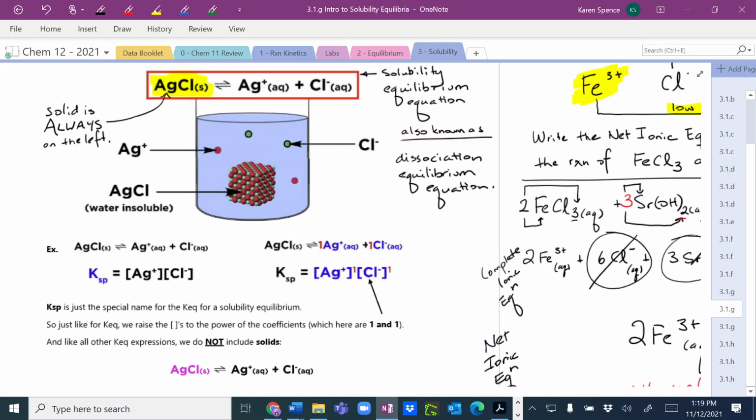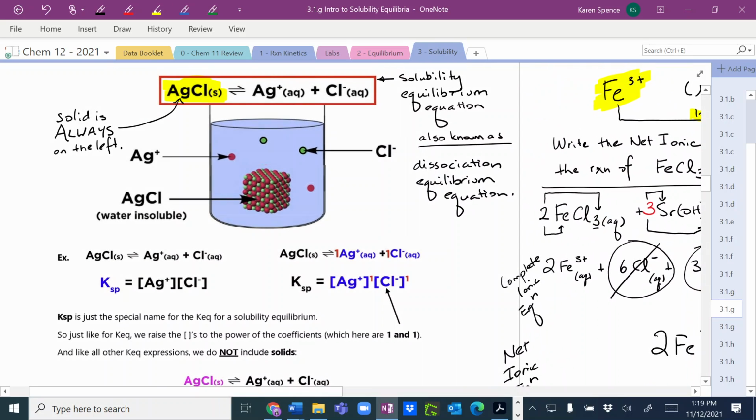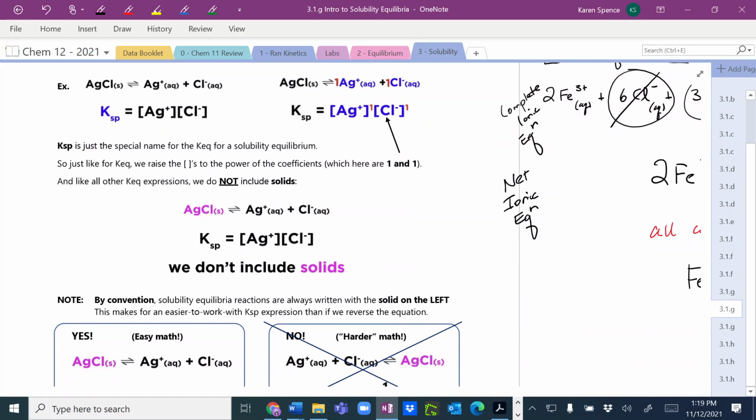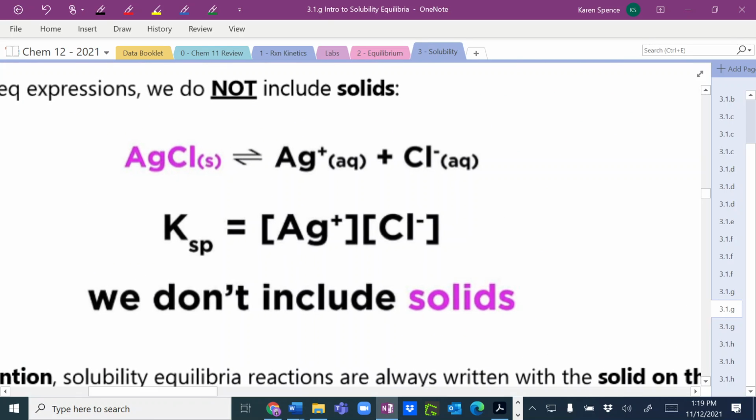Okay? So now, why are we putting the solid on the left for our solubility equilibrium? Why not put it on the right, and then it would always be on the right and we wouldn't have to worry so much? Well, it's because the math of the KSP makes it really easy. First of all, we should mention that we do not include our solids, but hopefully that's just review from last unit.